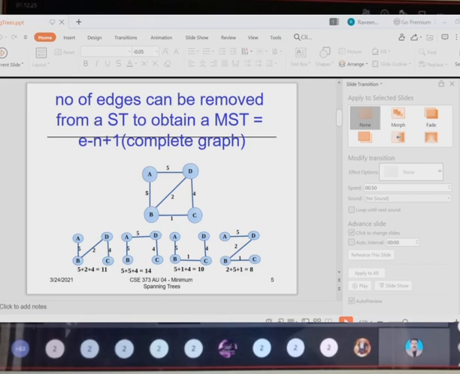For example, if we have 10 vertices, we have to repeat this procedure until 9 edges have been accepted. If an edge forms a cycle or a loop, then we do not consider that particular edge.